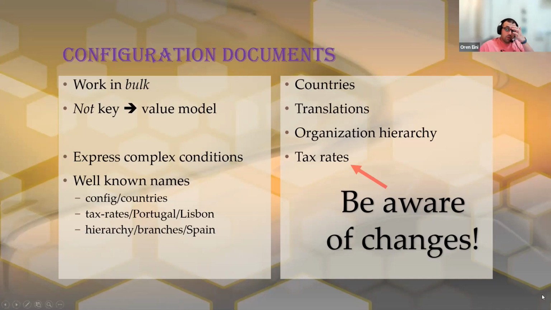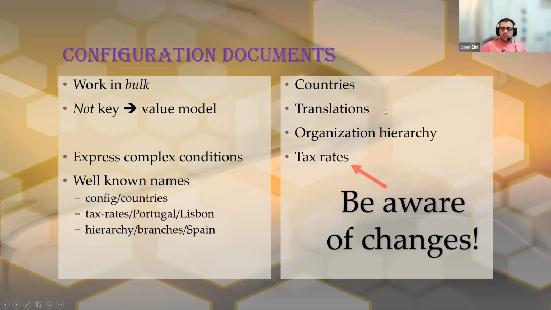So here are some great examples. In particular, think about tax rates. Tax rates are different for food versus hygiene products to clothing to luxury cars. So I can encode all of that logic inside the one document and throw that in as a configuration document, and then operate upon that.